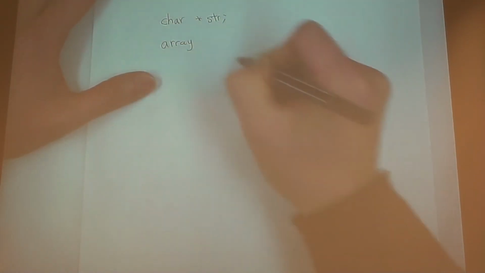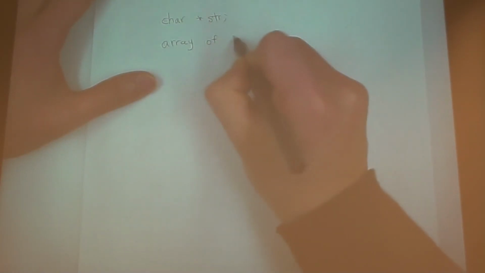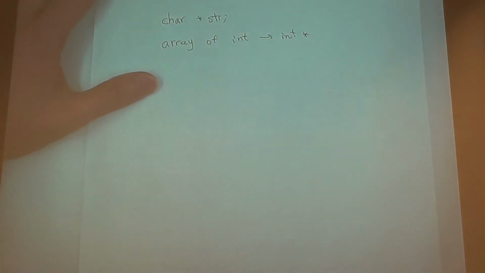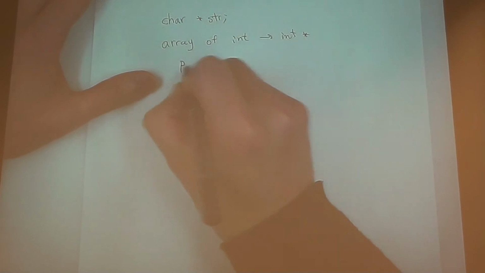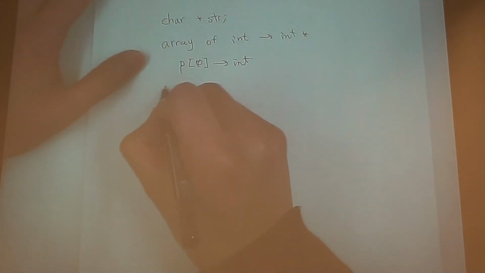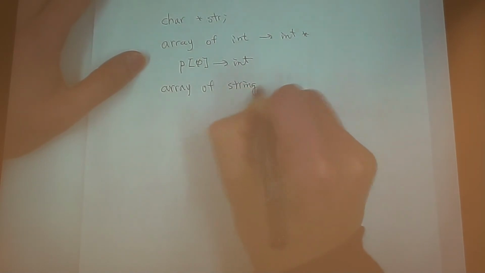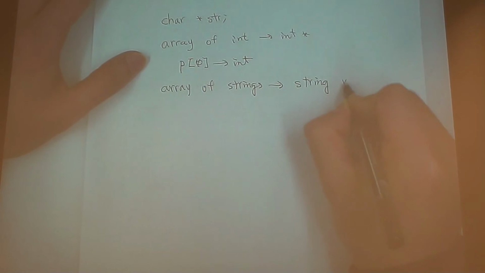If you have an array, it means it's another pointer. So if I have an array of integers, that gives me integer star, because I already said, if you have an array, let's say P0, that gives you an integer. So if I have an array of strings, that means you have a string star.